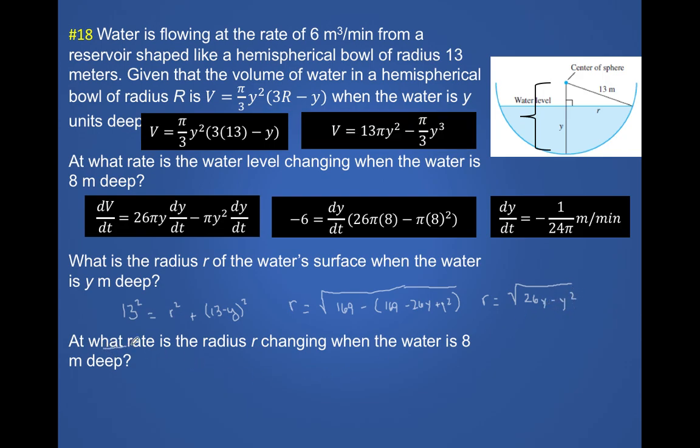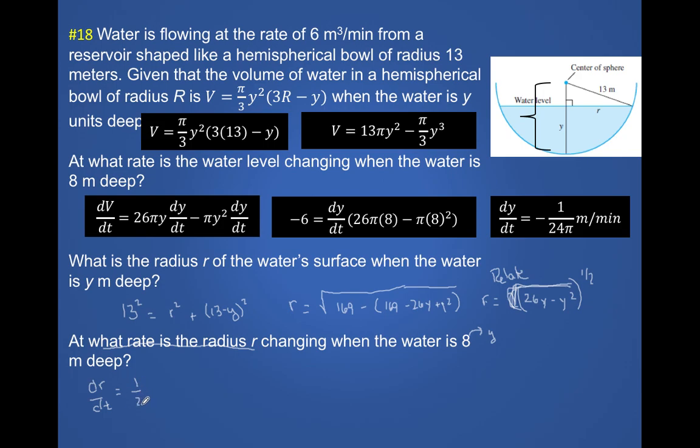Now remember down here, at what rate is the radius changing? So I want to find dr/dt. And I'm talking about when I'm going to be given a y, right? This is a water level height. And I have an equation that relates r and y. So differentiating this, think about this equation to the 1/2 instead of the square root.